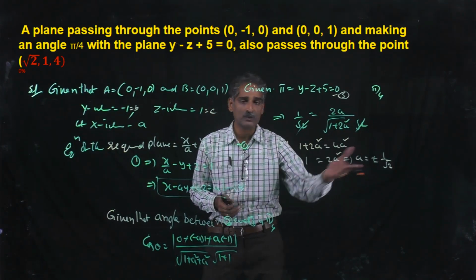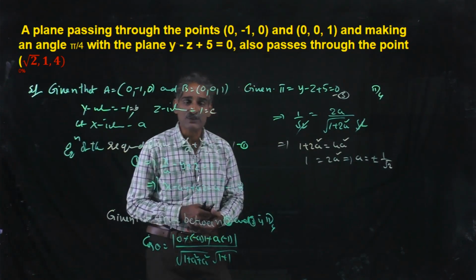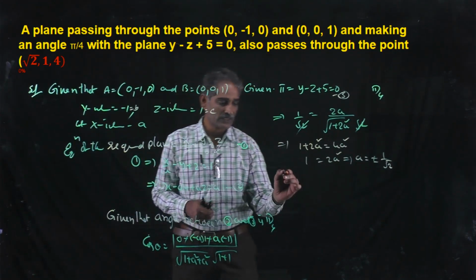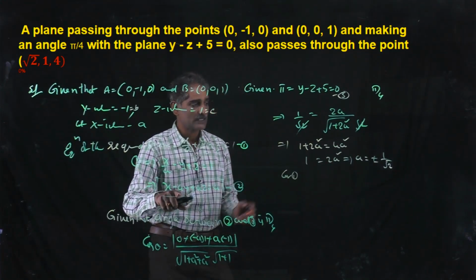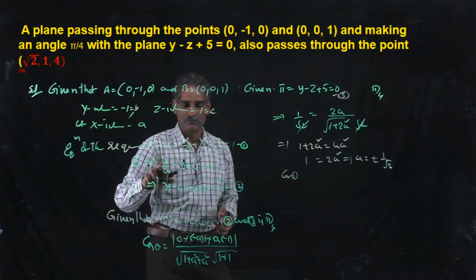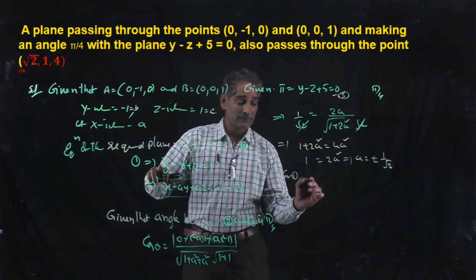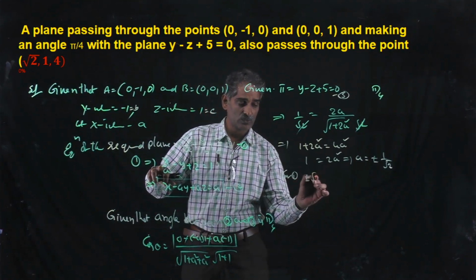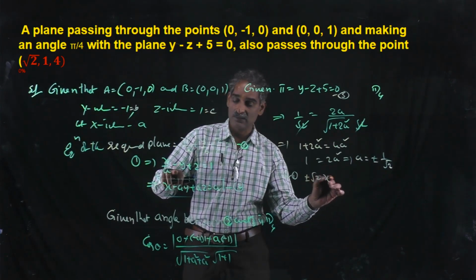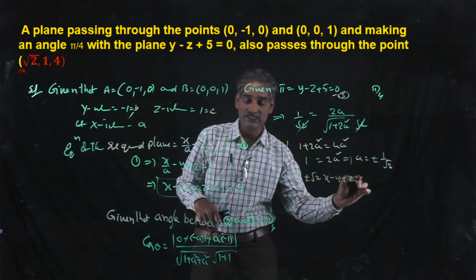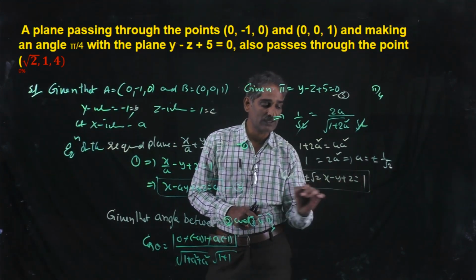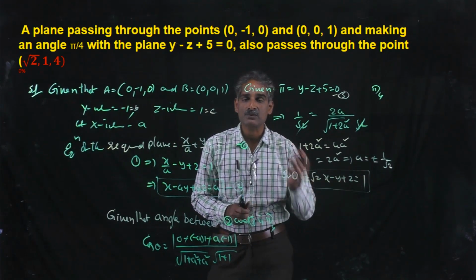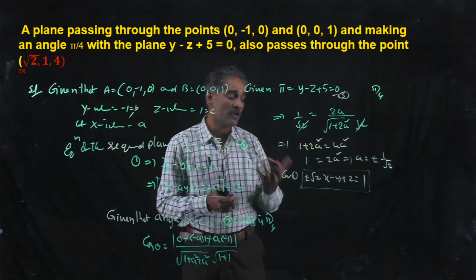So with respect to a, we can find the equation of the plane. Here, case 1: a is equal to plus or minus 1/root 2. From this we can write plus or minus root 2 x minus y plus z is equal to 1. This is the equation of the required plane. Now check the options.